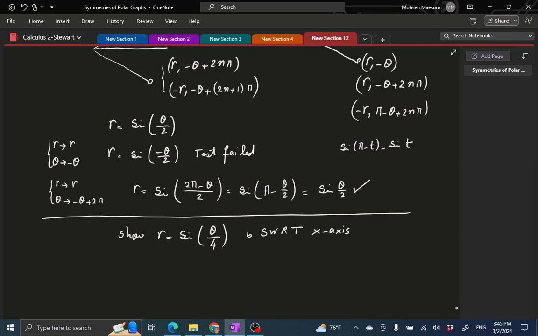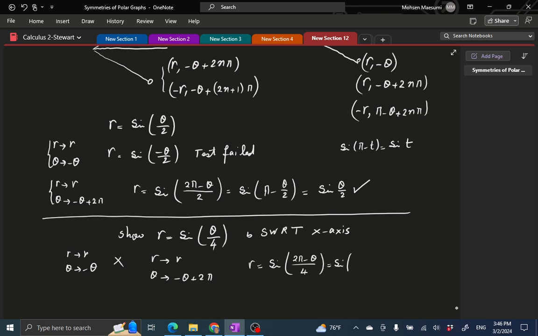So we try r to r and theta to minus theta. We already see the minus survives here, and this test fails. Next we try the other one, r to r, theta to minus theta plus 2 pi. What do I get? r is equal to sine of 2 pi minus theta over 4.